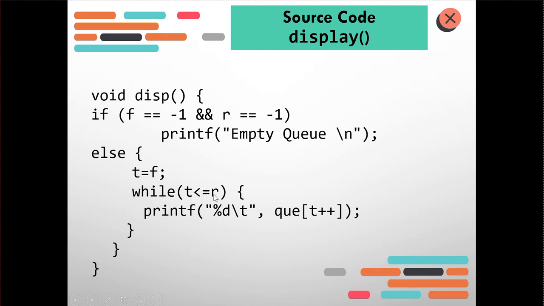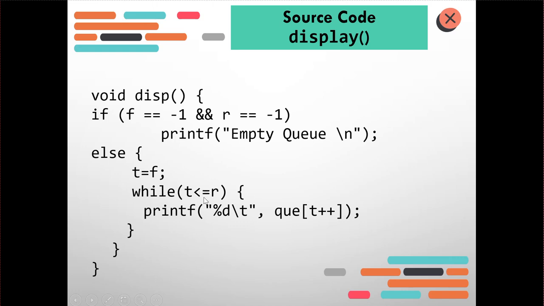So 2 is less than or equal to r, the answer is yes, or the condition turns out to be true. So q[2] would be printed, and then t++ would take the value of t to 3, and again the condition would be checked: 3 is less than or equal to 4, so it is again true, and control would proceed with other iterations.